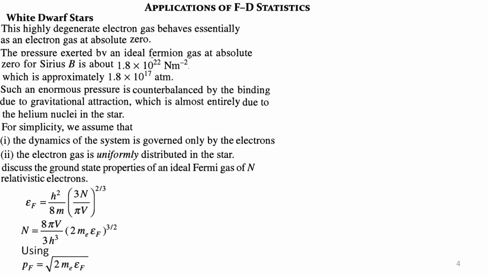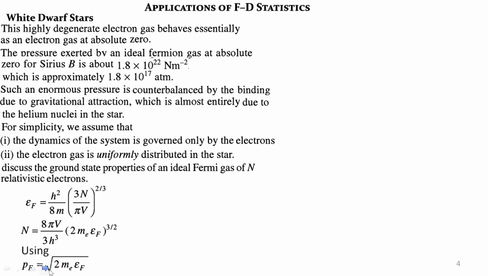Now, if we use an expression for Fermi momentum, energy is equal to P square by 2m, since we are dealing with free electrons, with kinetic energy as the dominant energy. That's why we are only taking kinetic energy. From here we can find P, and then we want the momentum corresponding to the Fermi energy, which is called the Fermi momentum.